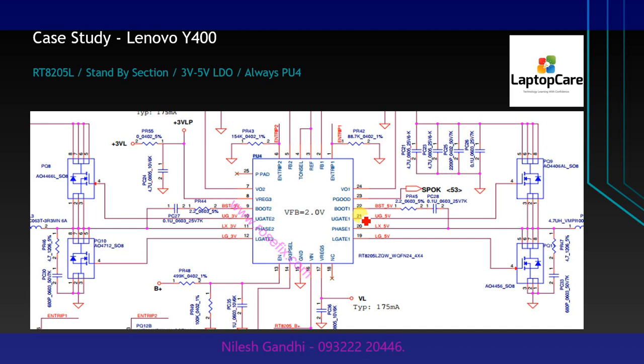Now in our stock we did not find RT8205L, not even in our dead stock. So we decided to go for an equivalent of this IC, which is TPS51125. Some technicians say it is not equivalent, it is not matching, but we cross-checked the datasheets of both the standby ICs, that is RT8205L and TPS51125, and we found it is matching pin to pin.